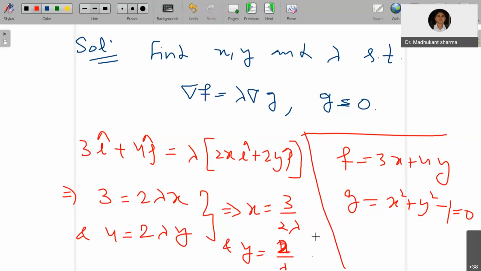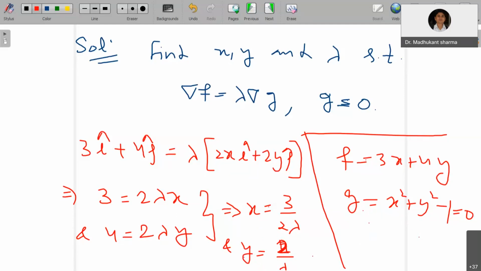Now, note that lambda is non-zero. Lambda should not be 0 because if lambda is 0, grad f is a 0 vector, and we are not interested in a 0 vector. Lambda non-zero is required because lambda is sitting in the denominator. Now these x and y should satisfy the equation g equals 0.